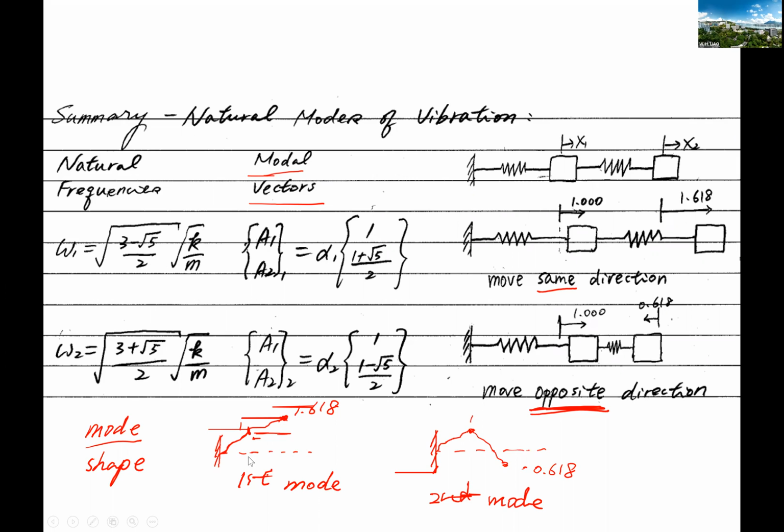This is also good for you to look at: for the first mode, both masses are on the top side, while for the second mode, one is on the top and the other is at the bottom. They are in different directions. You can see plus and minus, so you can see the change clearly, right? And this one is both in the same direction, both positive or both negative, and we call this the first mode, and this the second mode.